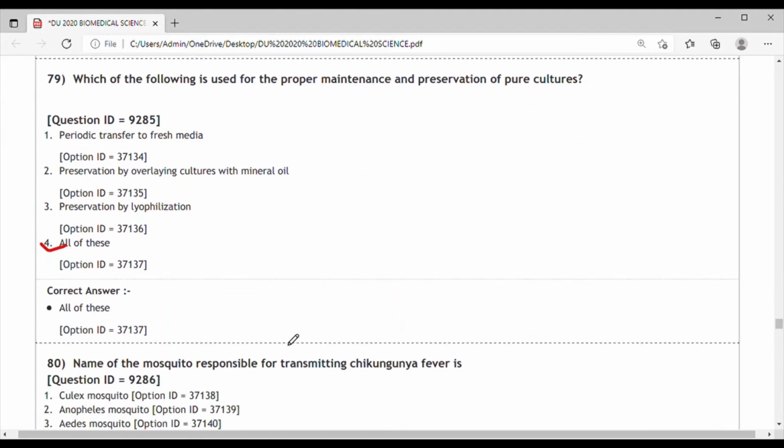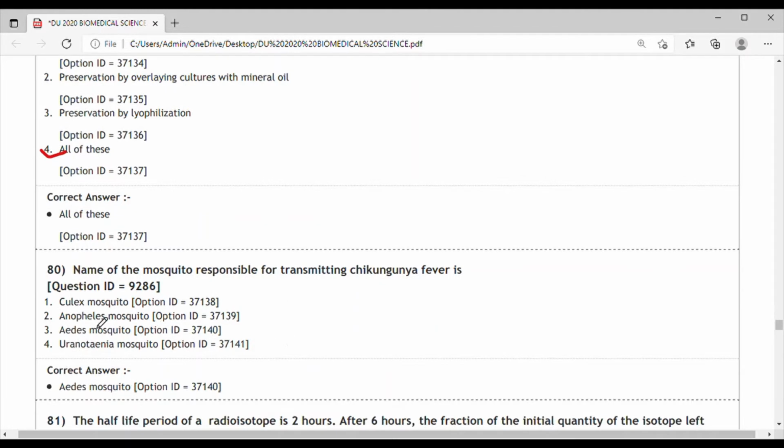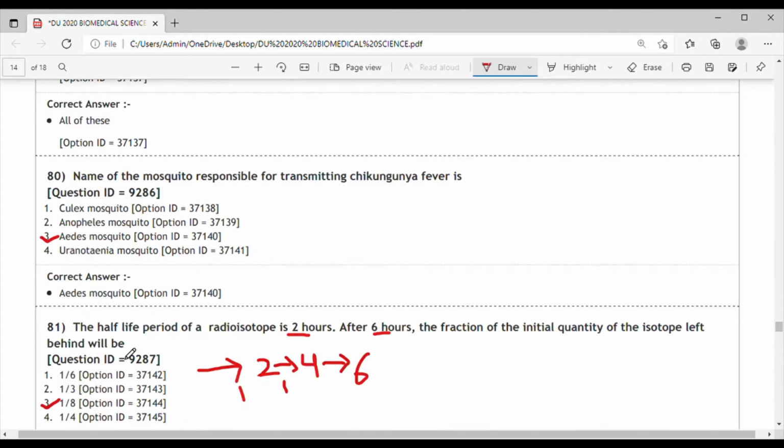Next question, question 80. Name of the mosquito responsible for transmitting chikungunya fever is, basically chikungunya fever is transmitted through the Aedes mosquitoes, and malaria is transmitted through the Anopheles mosquito. Question 81.